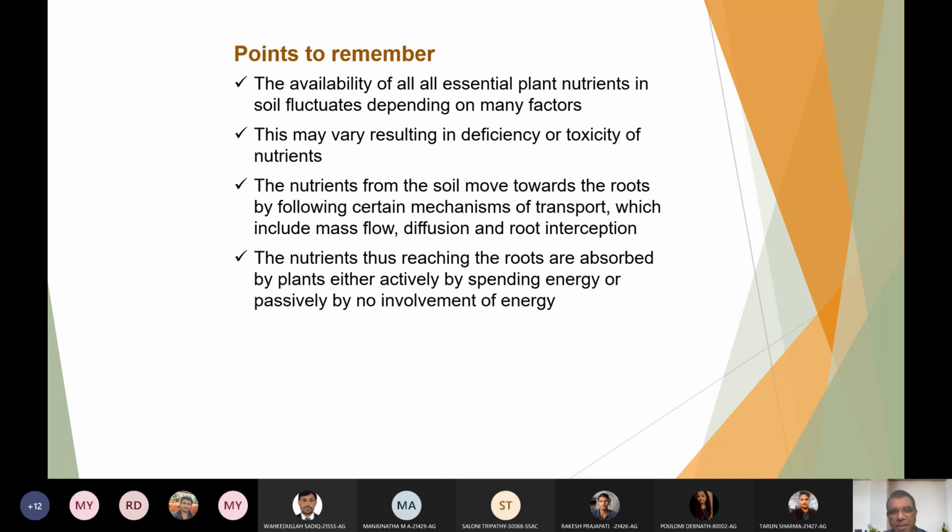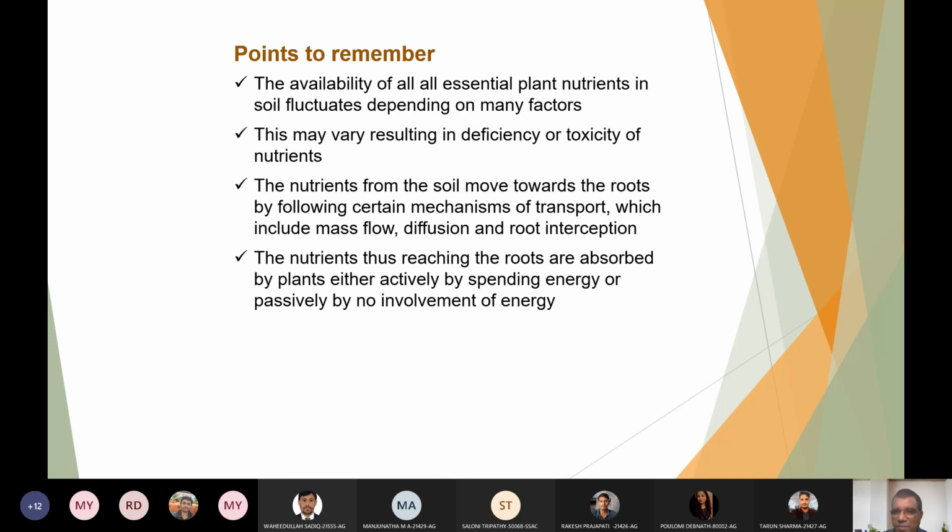So actually, this knowledge of having an idea about mass flow, diffusion, or root interception can help us in the management of the nutrients.